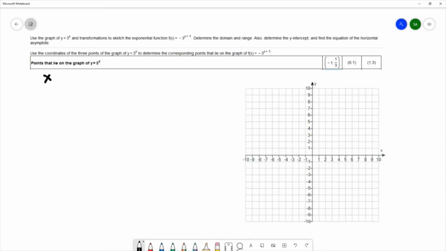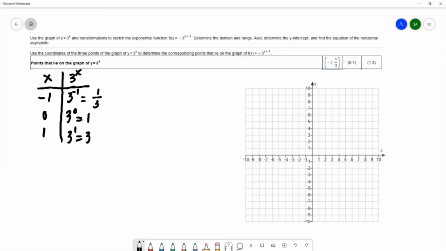For the x values of -1, 0, and 1, if we substitute those into 3 to the x, we get 3 to the -1. -1 in the exponent means reciprocal, so we get 1/3. 3 to the 0 is 1. 3 to the 1 is 3. So that gives us 3 ordered pairs that are on the graph of 3 to the x.